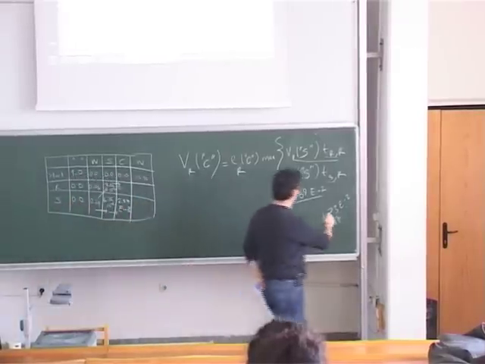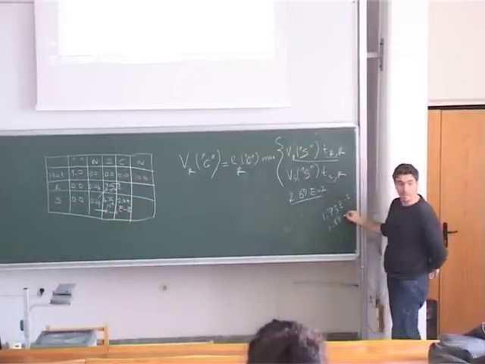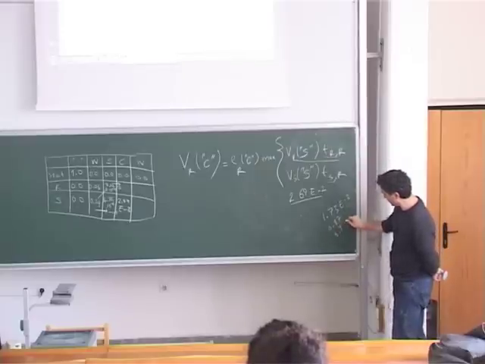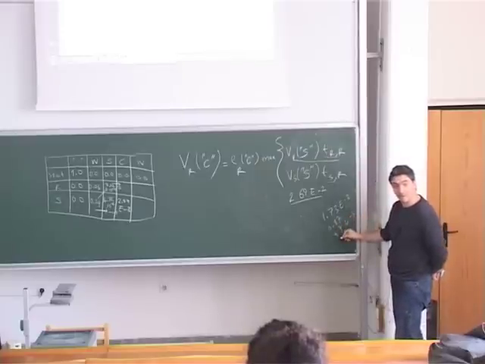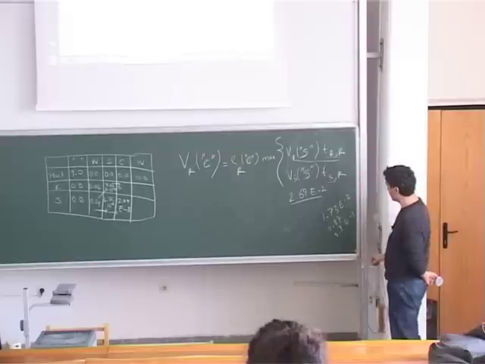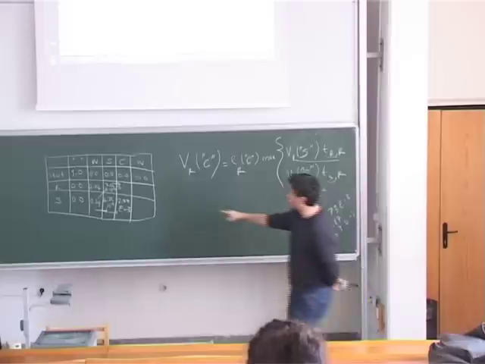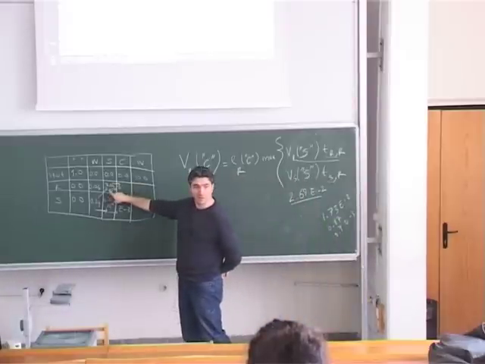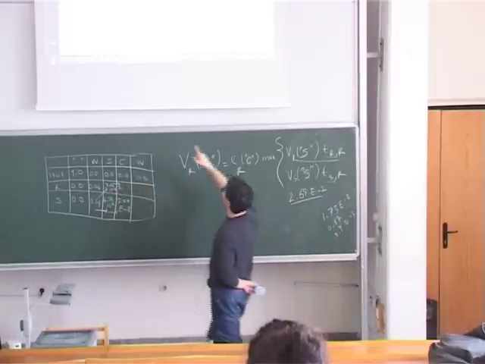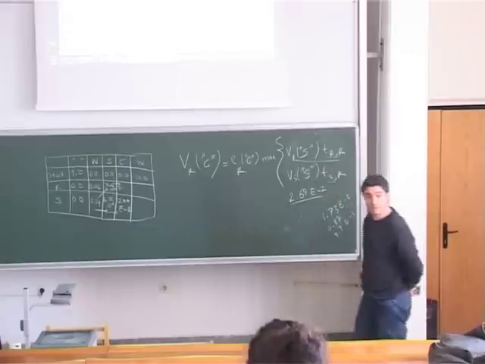If you do it 0.87, it's going to be e to the minus 2. If you do it 8.7, then it's going to be minus 3.